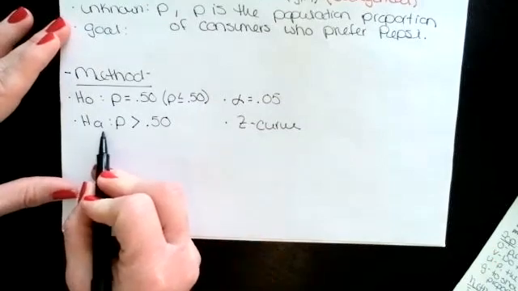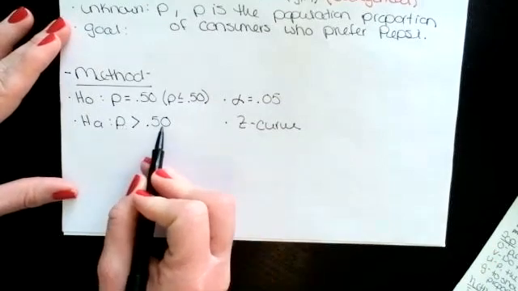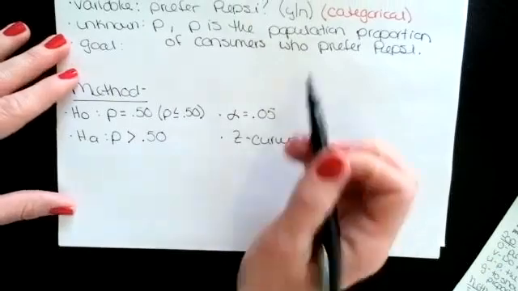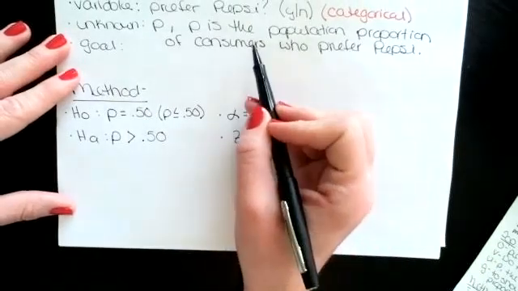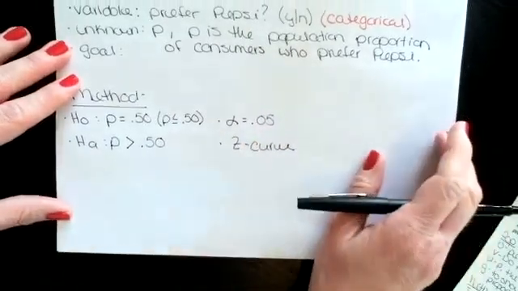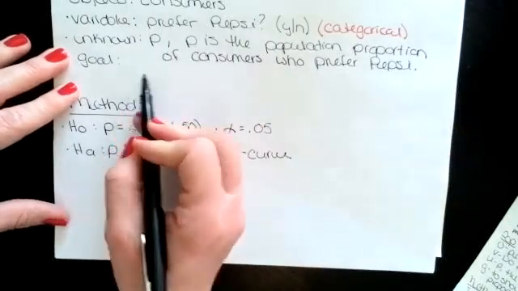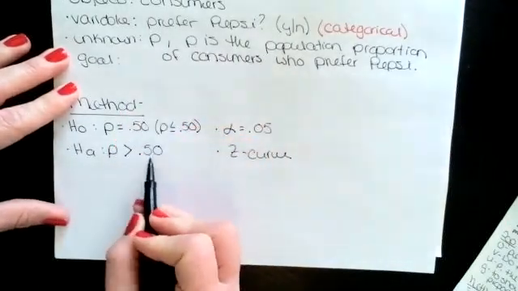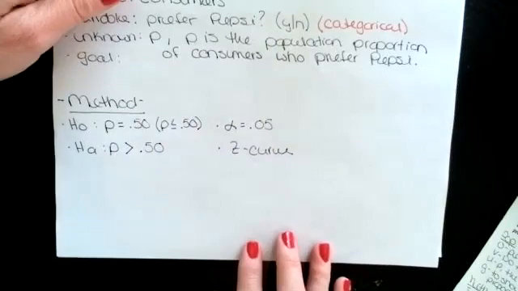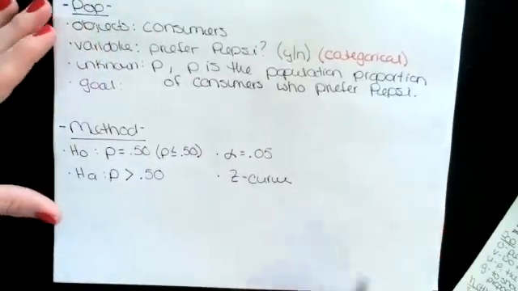Okay, so now I have my HA that P is greater than 0.5. Well, I've already written out P above. P is the population proportion of consumers who prefer Pepsi. So now I'm just going to rewrite that down here in my goal and then tack on the end the greater than 50% or greater than 0.5, whichever one you choose to write.